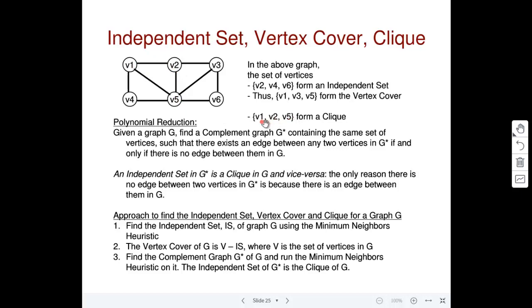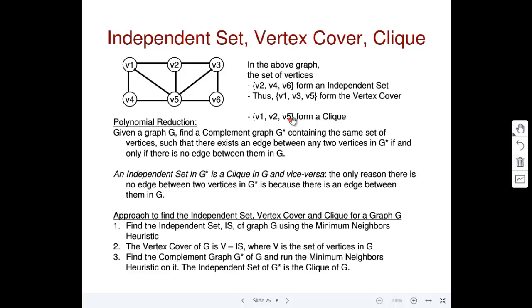Now can an edge be called a clique? Yes. I can say v1, v2 is a clique because between any two vertices in that set there's an edge between them in the graph. So v1, v2 or v2, v5 or v1, v5, any edge, the two end vertices that are part of the edge can be said to form a clique.